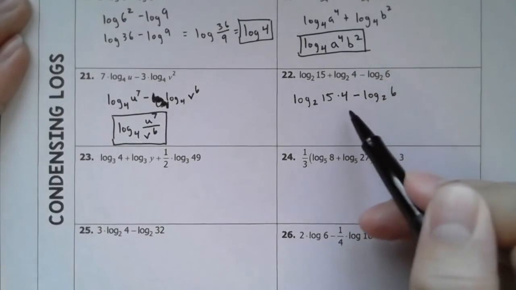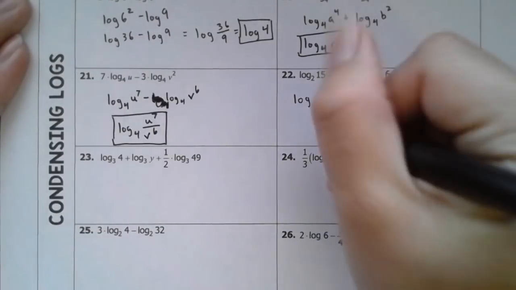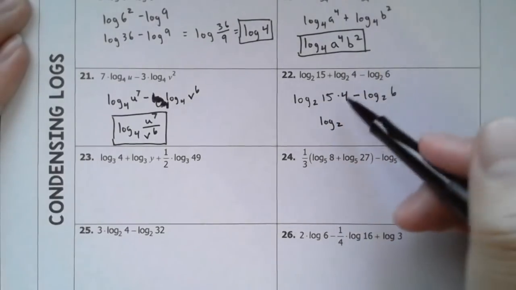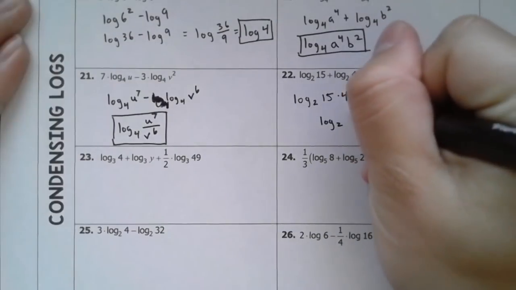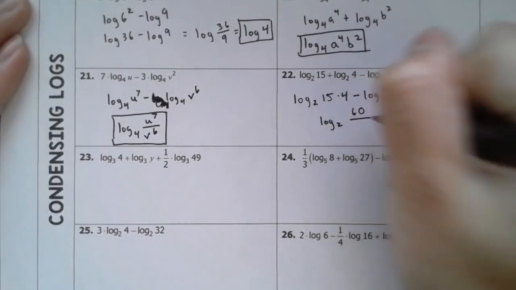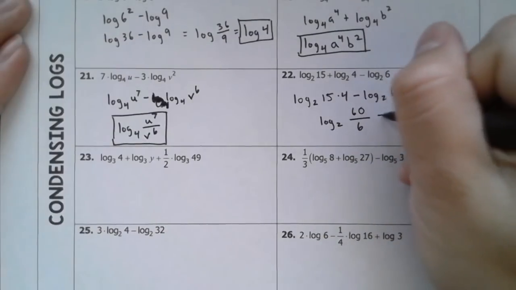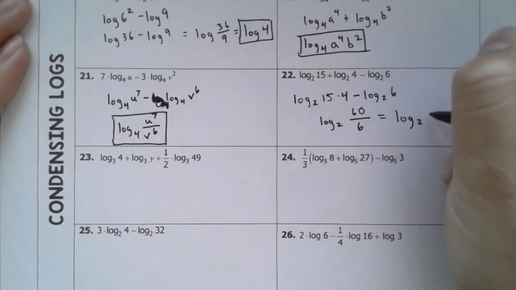Now I have 2 logs, I have subtraction between them, so I can rewrite this as a quotient, and I'm going to simplify what would be the numerator, log base 2 of 15 times 4, that's 60, over 6. And then I can simplify here, 60 over 6 is just 10, so log base 2 of 10.